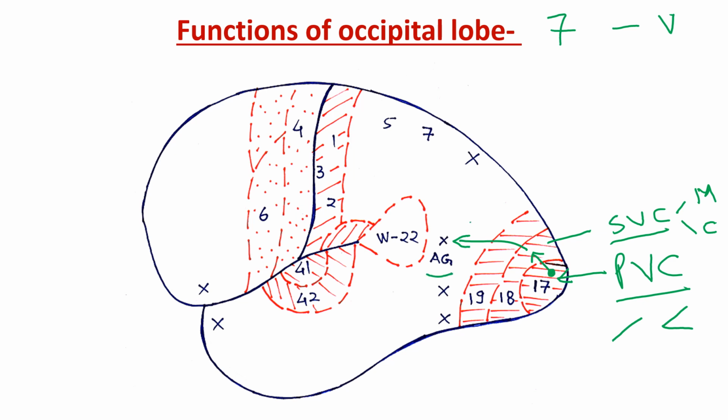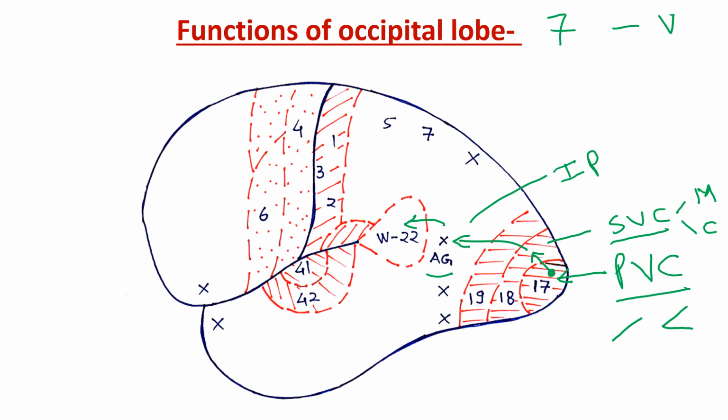In angular gyrus, there is initial processing of visual information, and only when visual information is initially processed by angular gyrus, finally when visual information goes to Wernicke's area, it can make meaning of it.